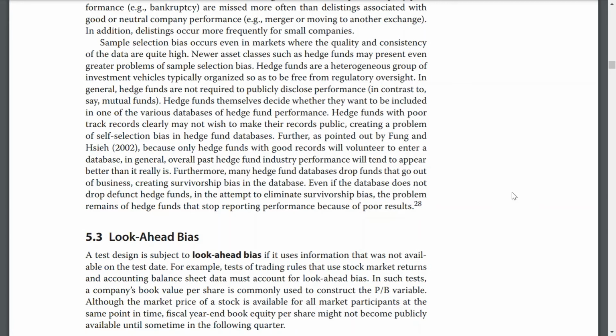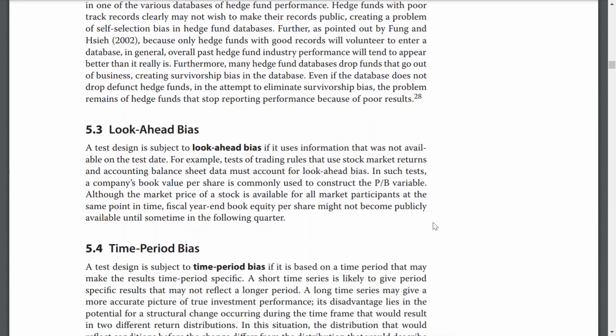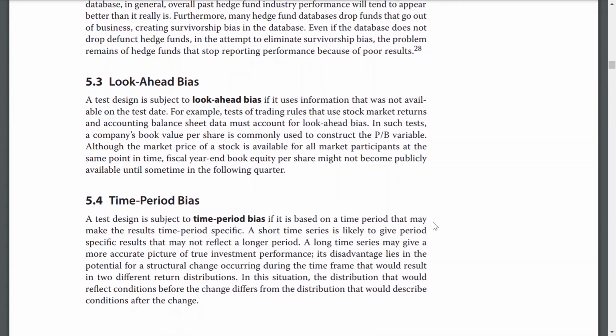Even if the database does not drop these defunct hedge funds, in an attempt to eliminate survivorship bias, the problem remains of hedge funds that stop reporting performance because of poor results.